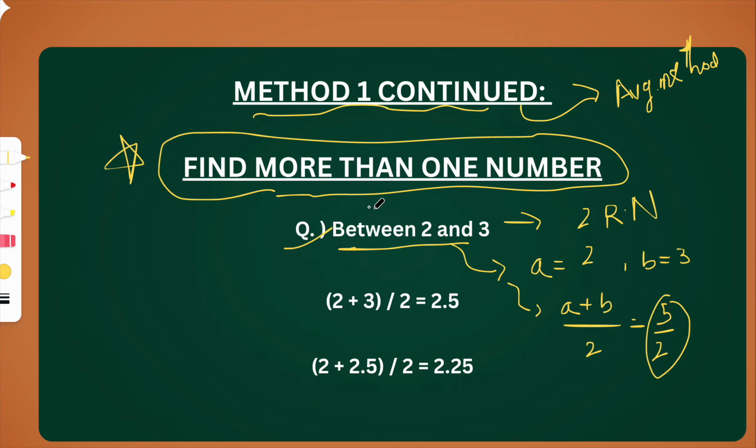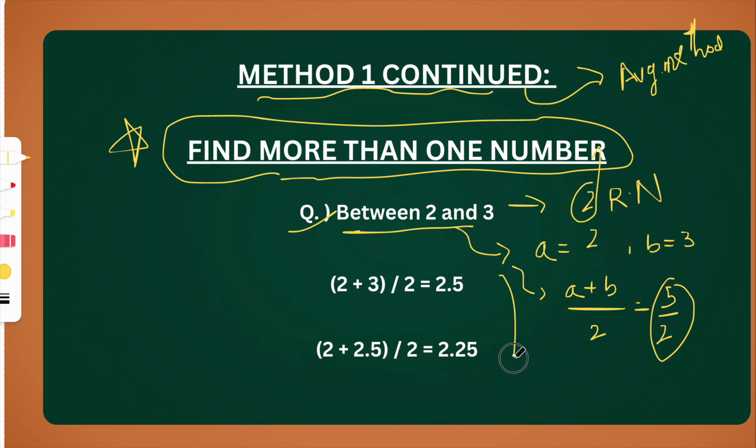Now it is saying to find more than 1, so we'll find two rational numbers. The second rational number: 5/2 is basically 2.5. So now we'll find a rational number between 2 and 2.5, as this is also a rational number between 2 and 3. So we'll write a equal to 2, b equal to 2.5.